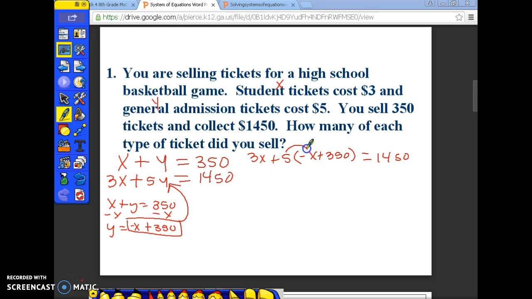We're going to distribute 5 to the negative X and the 350. 3X minus 5X minus 350 times 5, which is 1,750, equals 1,450. 3X minus 5X is negative 2X.